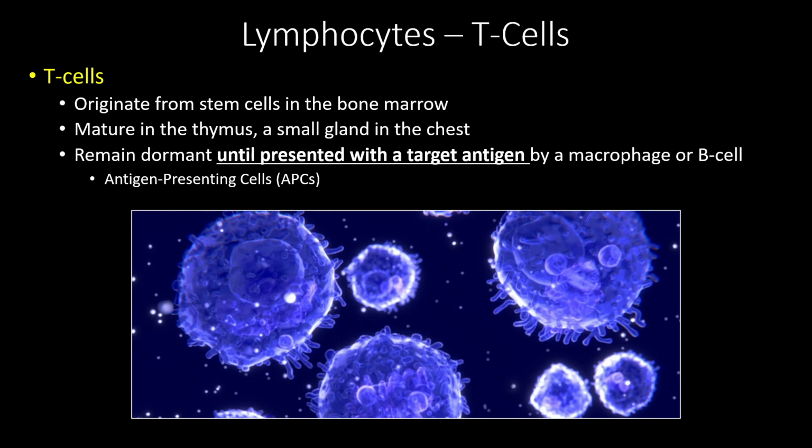These are special cells that are all created in the bone marrow from bone marrow stem cells. But T cells, unlike B cells, went to the thymus, which is a small gland in your chest, to mature. These T cells remain dormant until they're presented with an antigen, usually by a macrophage, or a dendritic cell, or by a B cell. They can also act as an antigen presenting cell.